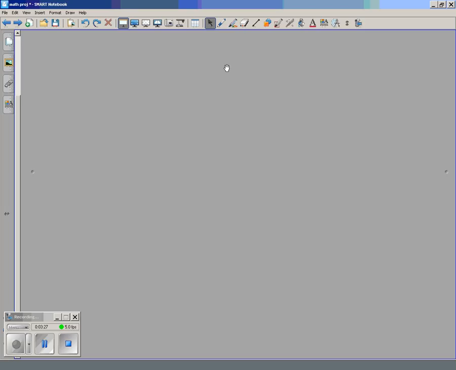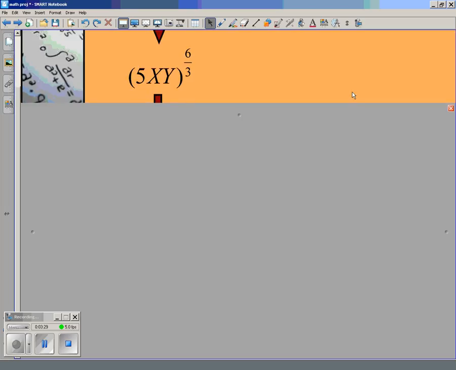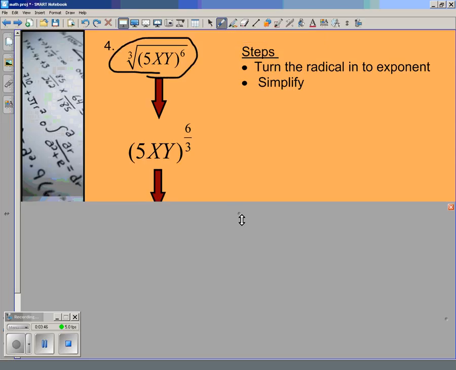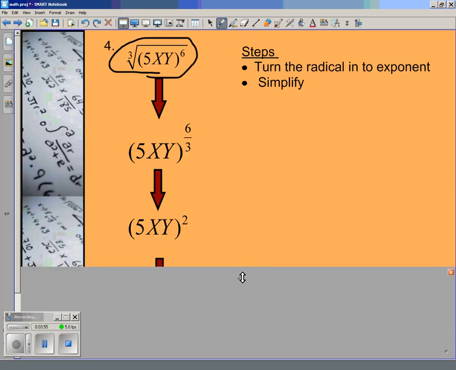And now for the final equation, we will be doing the cube root of 5xy to the 6. We do want to turn the radical into an exponent. So what this does equal is 5xy with an exponent of 6/3, and that 6/3 does simplify to an exponent of 2.